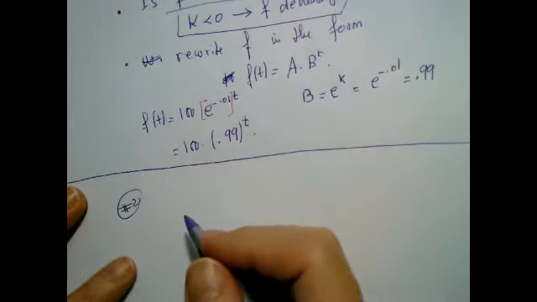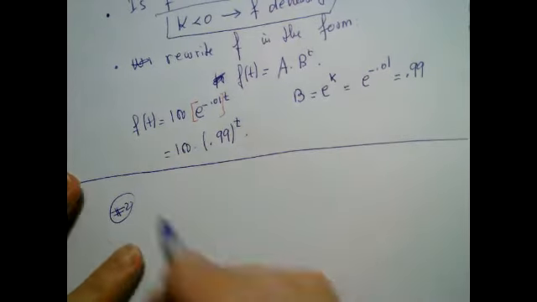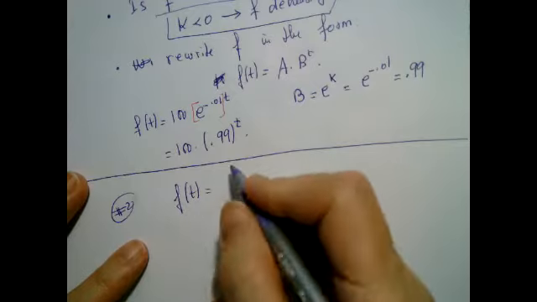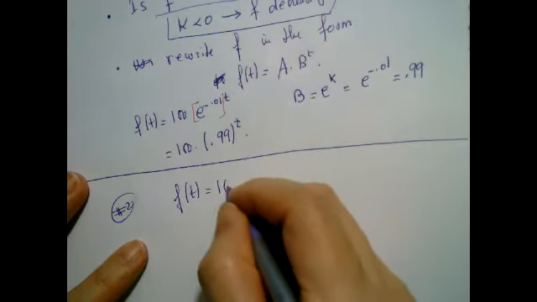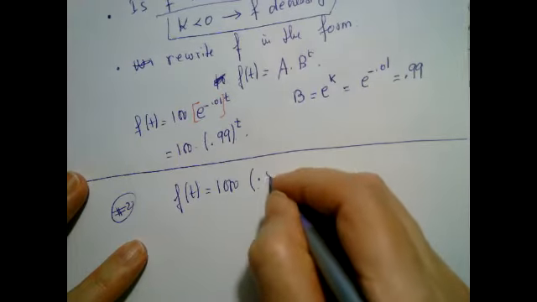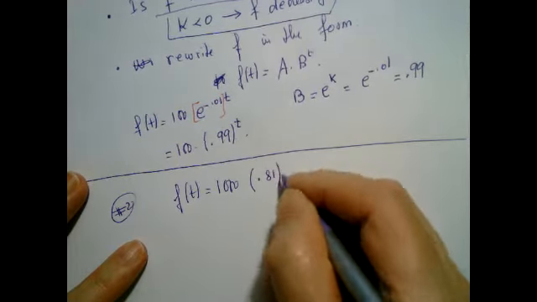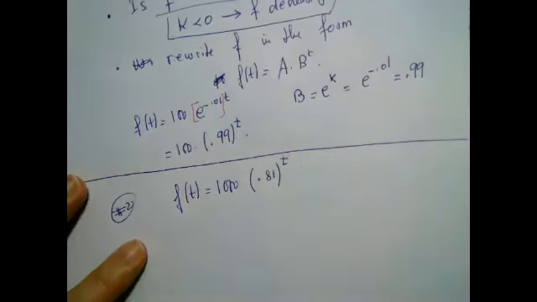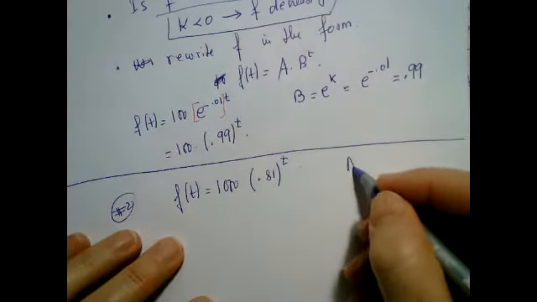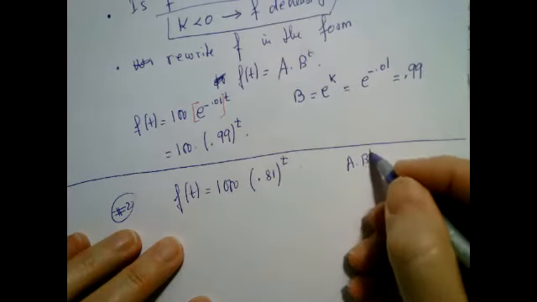Number 2. The question is the same. This time I'm going to give you f of t to be, let us say, 1,000 times 0.81 to the power t. So this time my function is of the form a b to the t.